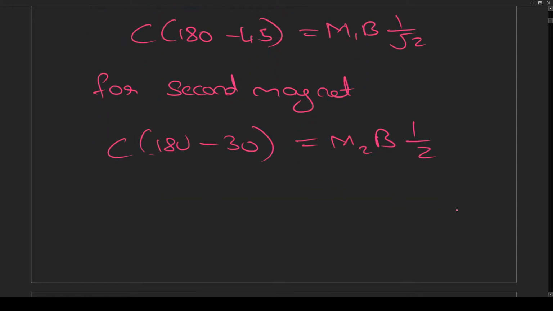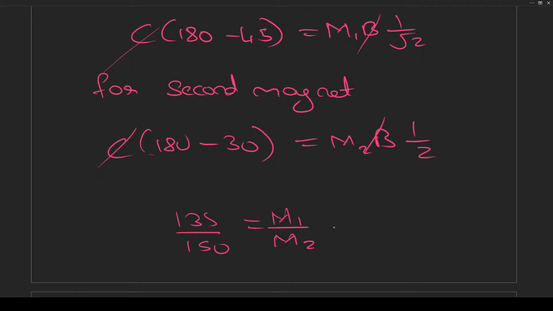By dividing both of the equations, C cancels, B cancels, and we will get 135 by 150 equals M1 by M2 times 2 by root 2, which we can rationalize.